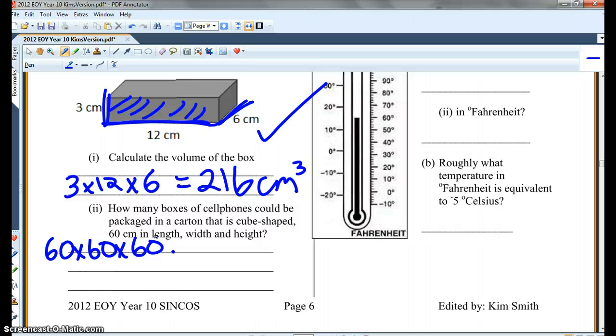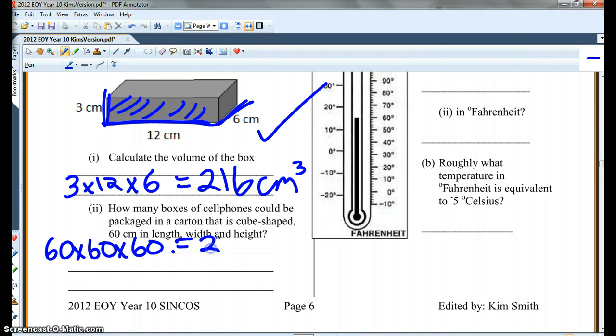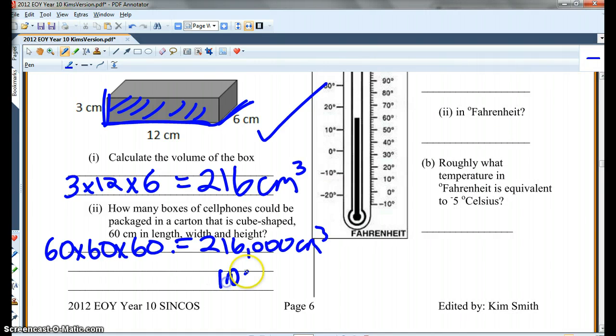We could go 60 by 60 by 60, 60 to the power of 3, and that equals 216,000 centimetres cubed. And so then we could divide by the 216 and we get 1,000, but that might not be strictly correct.